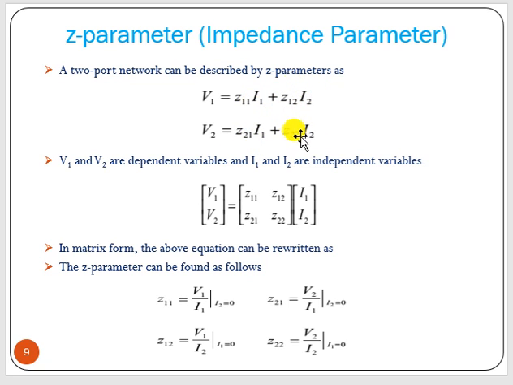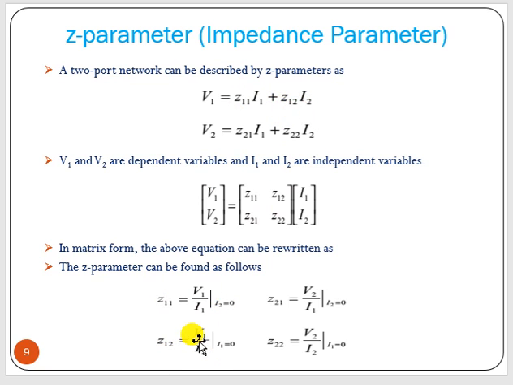Now to find the Z parameter values, we make the other parameter equal to 0. If you want to find Z11, make I2 equal to 0, meaning the output port is open circuited. Then Z11 equals V1 by I1 when I2 equals 0, and Z21 equals V2 by I1 when I2 equals 0.